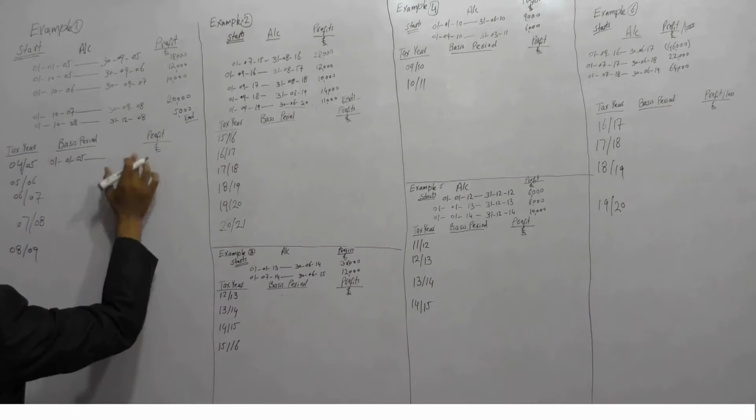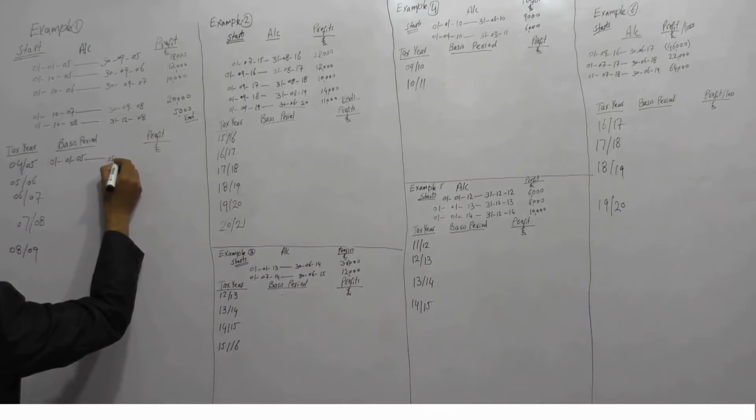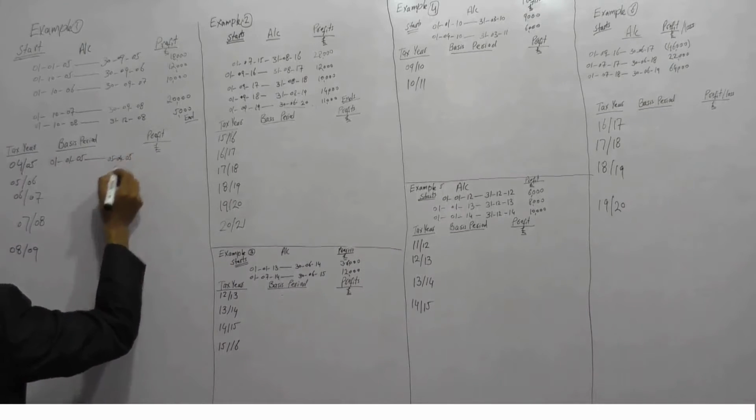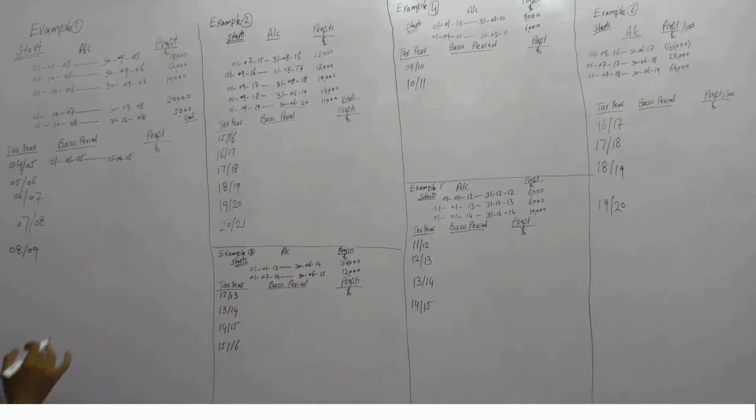I'll just write it down a little below. So 5th of the 4th 2005. That is our next 5th of April.